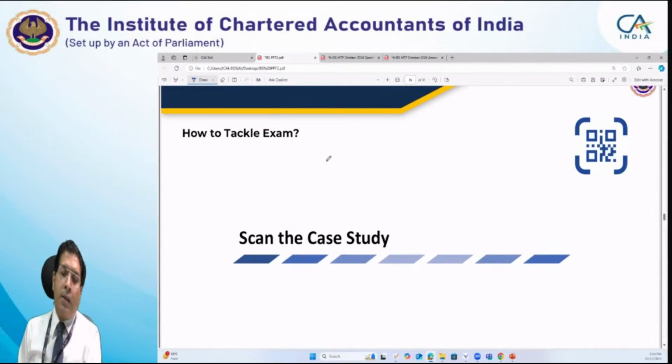Scan the case study. Scan the case study means go through the entire case study in one go, and underline key points. Why do I read the entire case study and try to note key points? Because it creates a mind map in my mind. After creating the mind map, you can correlate all points and draft your answer.